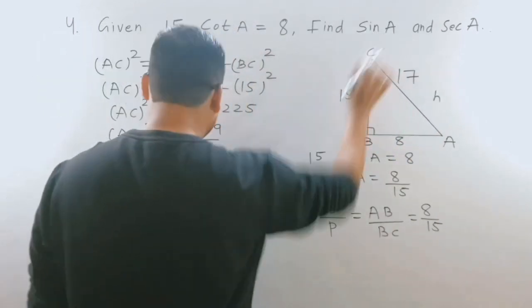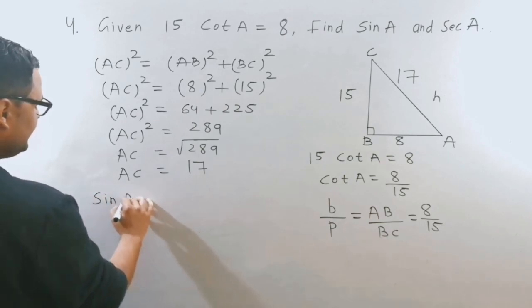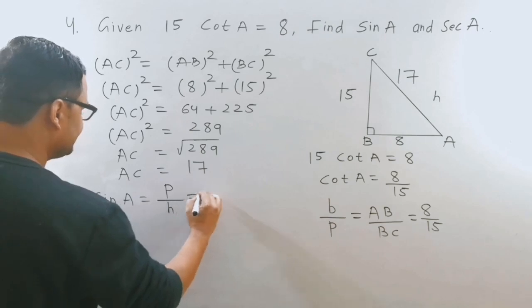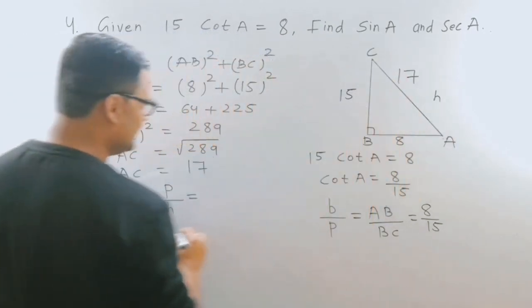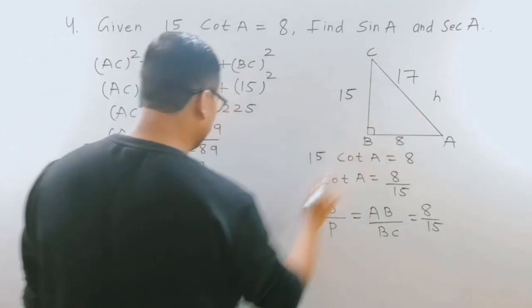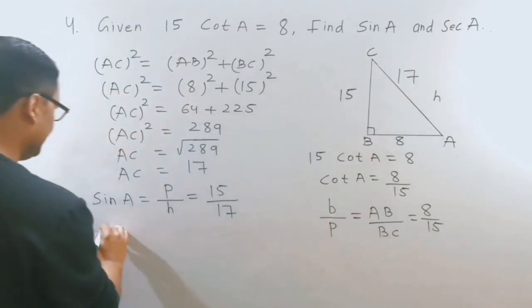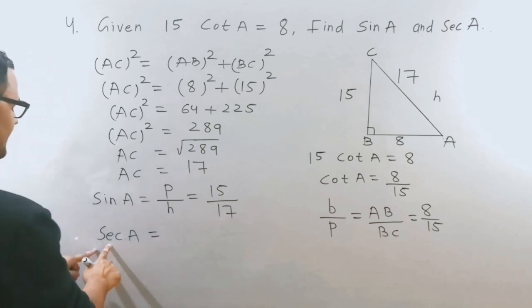Now sine A, we know sine A equals perpendicular by hypotenuse. For this angle A, BC is the perpendicular, so 15 by the hypotenuse 17. Now sec A is the reciprocal of cos.